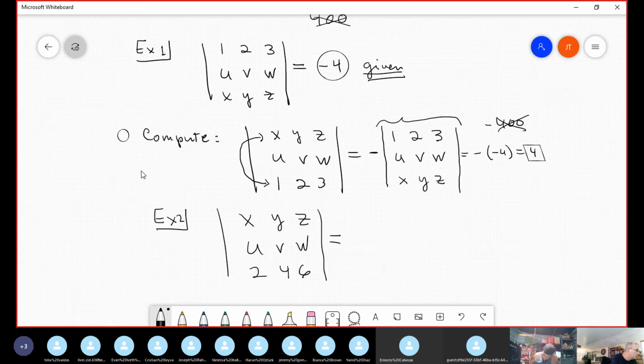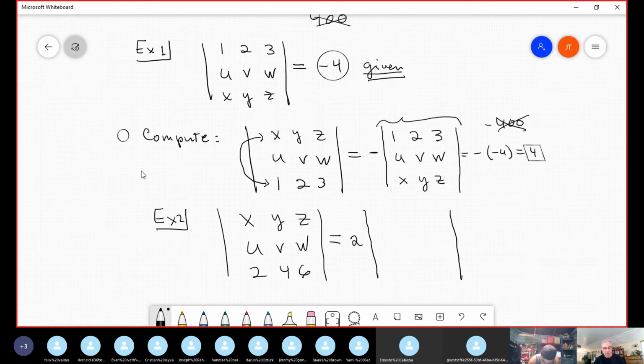When you multiply one column or one row by one factor, the value of the determinant is also affected by the same factor, no? Okay, let's do it step by step. I realize that 2, 4, and 6 are very similar to 1, 2, 3, so I factor out 2.